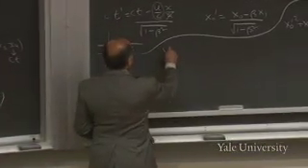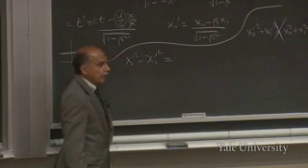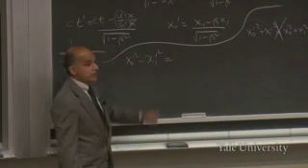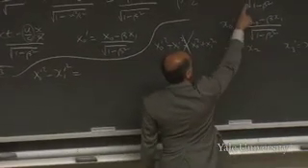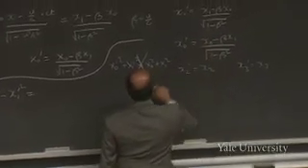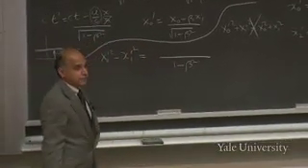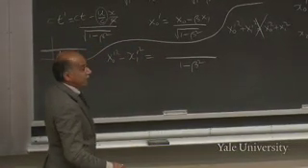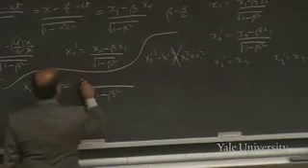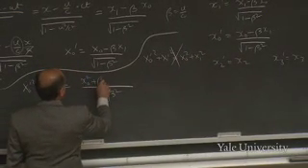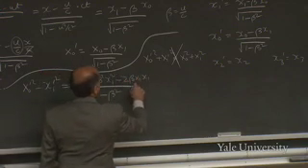Let's take x naught prime square minus x1 prime square: the square of the time coordinate minus the square of the space coordinate, with the minus. Let's try to do this in our head by squaring this and subtracting it from the square of this one. Downstairs, I think we all agree, you get 1 minus beta squared, because the square root is squared. How about upstairs? First, you got to square this guy. This will give you x naught squared plus beta squared x1 squared minus 2 beta x naught x1.